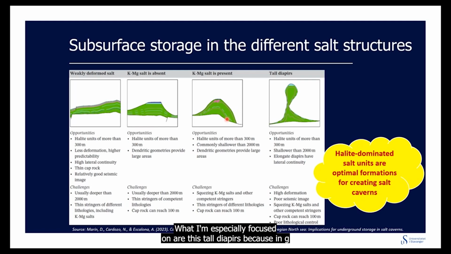What I'm especially focused on are these tall diapirs, because in general, tall diapirs comprise halite units of more than 300 meters, and most importantly, the buried depth is less than 2 kilometers.